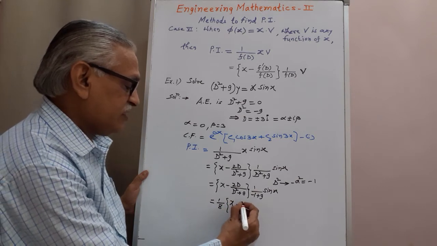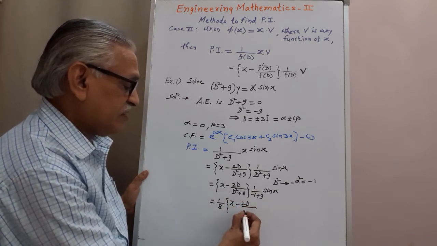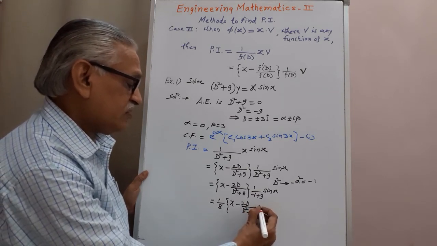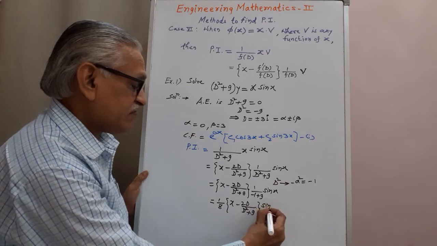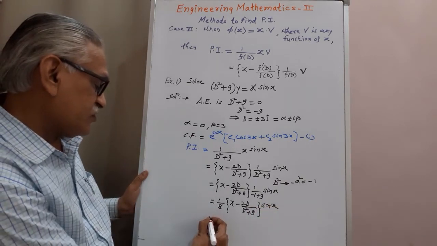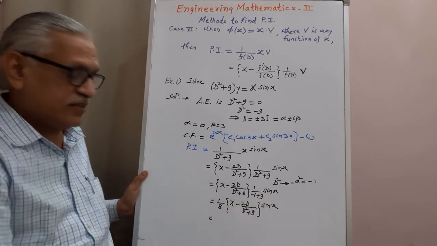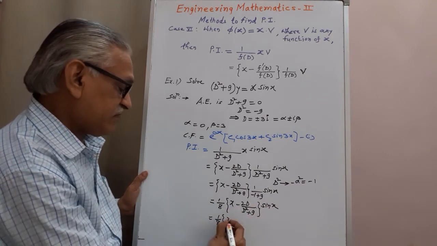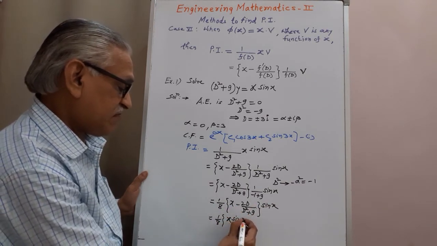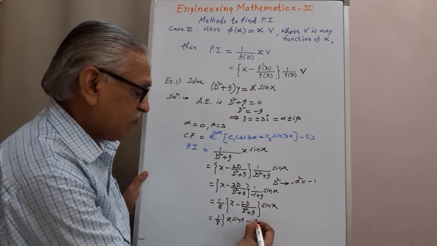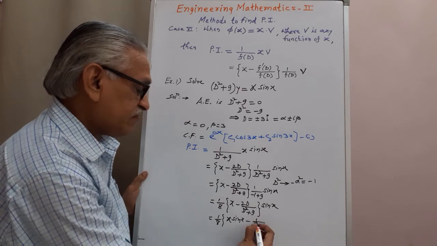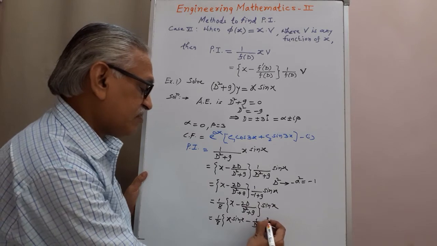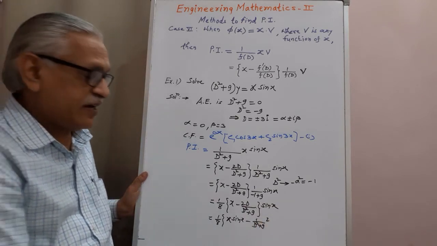So 1 by 8, x minus 2D upon D square plus 9, which we have to operate on sin x, and therefore multiplying it inside the bracket, we get 1 by 8, x into sin x minus 1 upon D square plus 9, 2 times the derivative of sin x. The derivative of sin x is cos x.